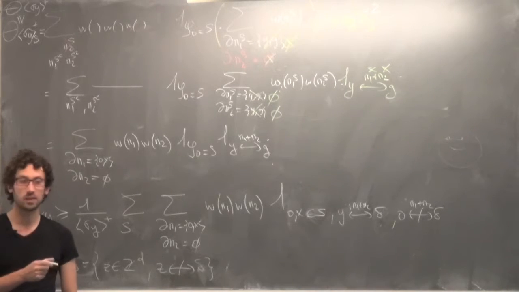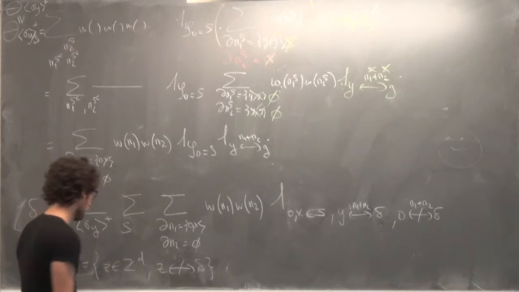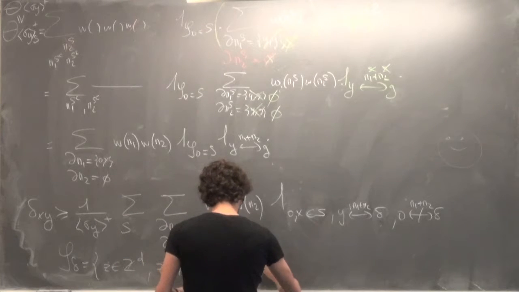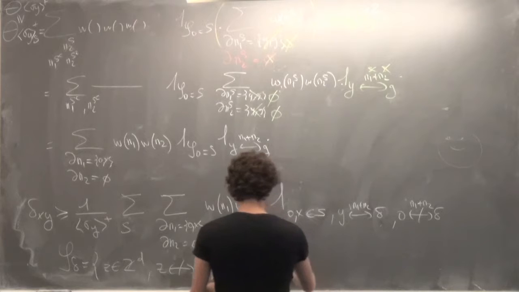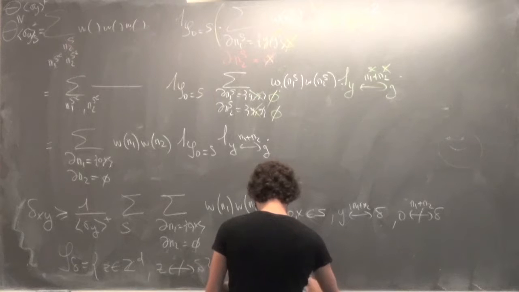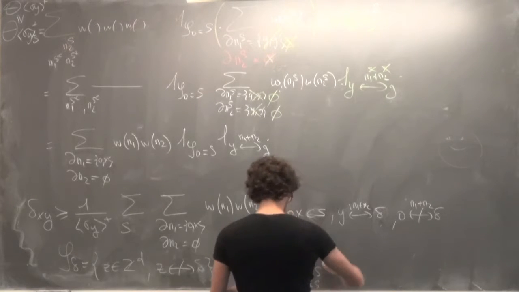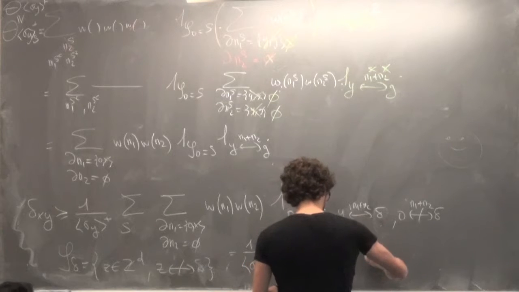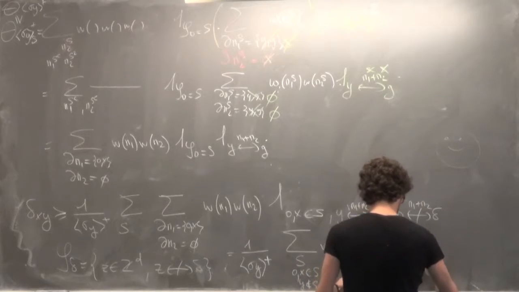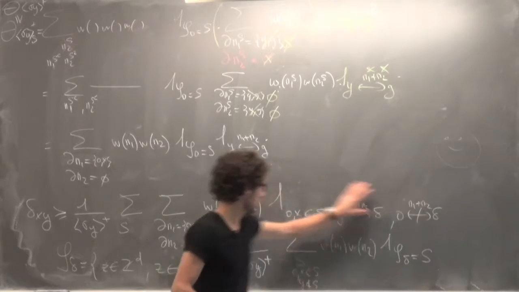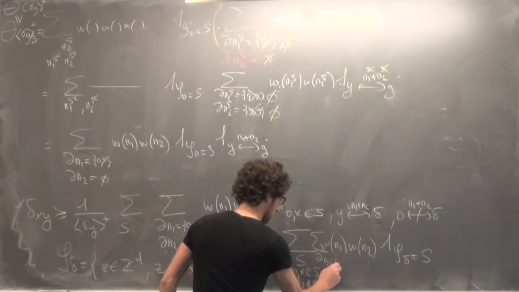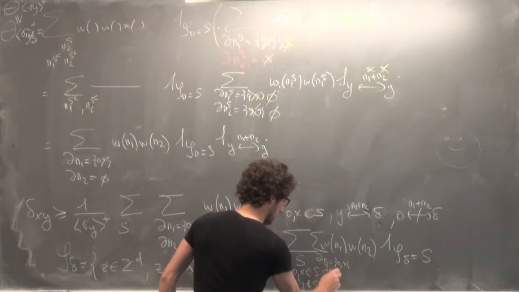So now when I look at this horrible thing, I get sigma y plus, and I get the sum over S, where 0 and x are in S, and y is not in S, of W of N1, W of N2, and the indicator that S delta is equal to S. So this thing is exactly equal to that. And there is still the sum over N1 equals 0x and N2 equal empty set.